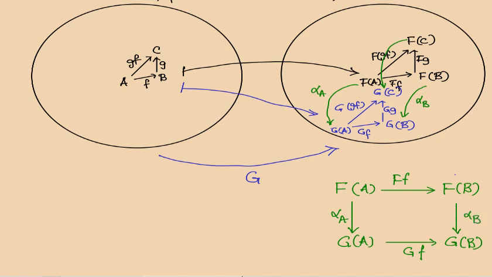And that's exactly what a natural transformation is. And that's why we say it's naturally transforming. It's transforming from F to G, and natural in the argument A.